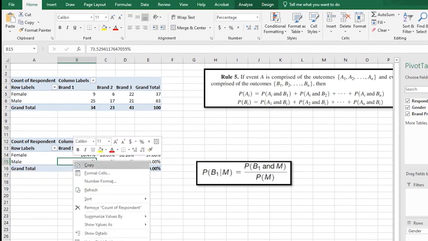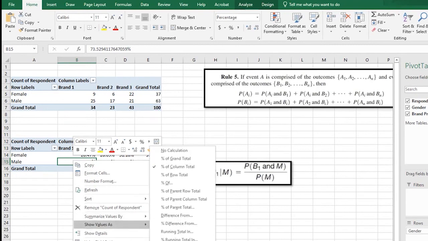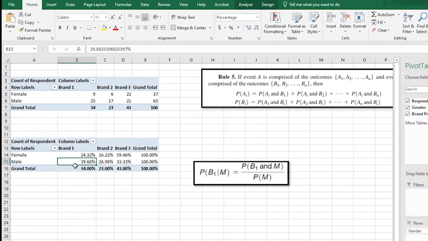So I'm going to right click, go to show values as, and select percent of row total. And now I have information that is based off of given gender. So we're saying that 39.68% of males prefer brand one in the taste test.